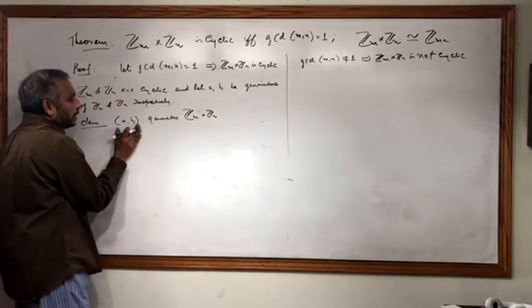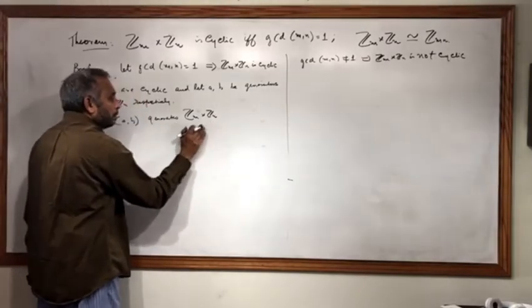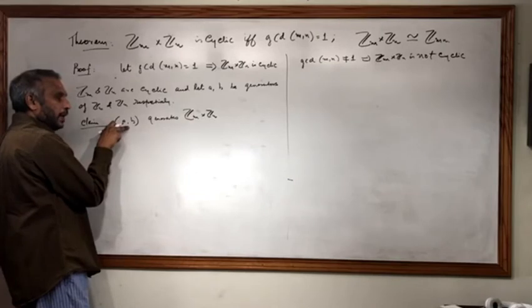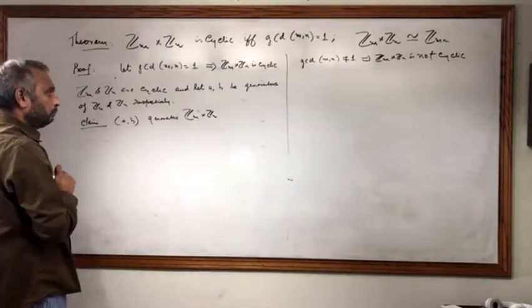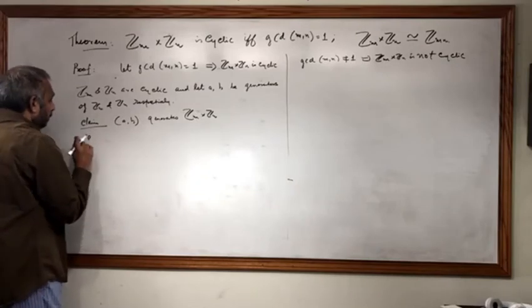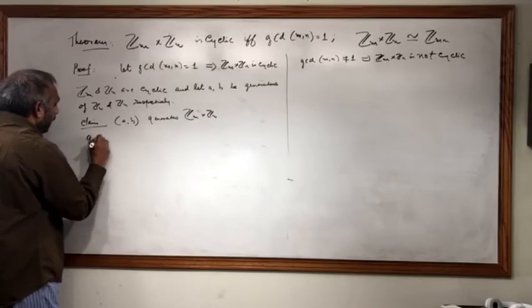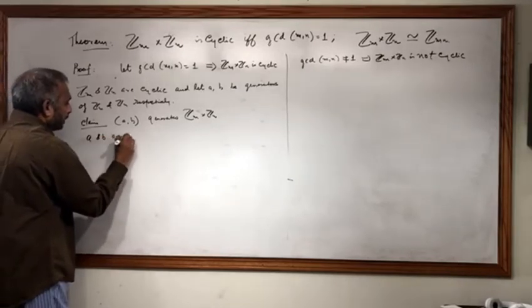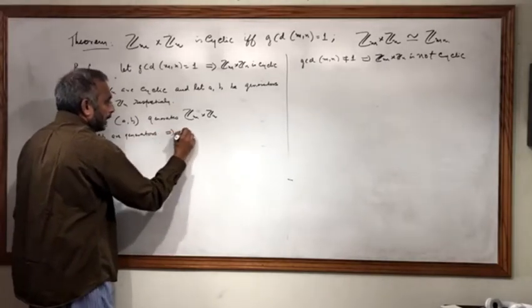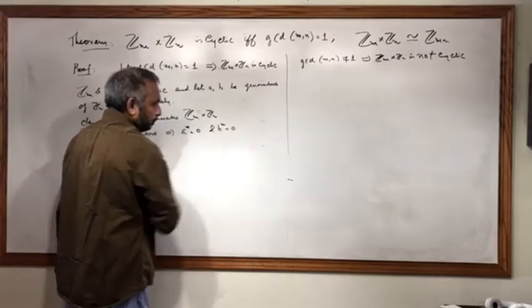We need to find out every element of this group can be expressed as a power of (a, b). So a and b are generators implies a to the power of m is equal to 0 and b to the power of n is equal to 0.